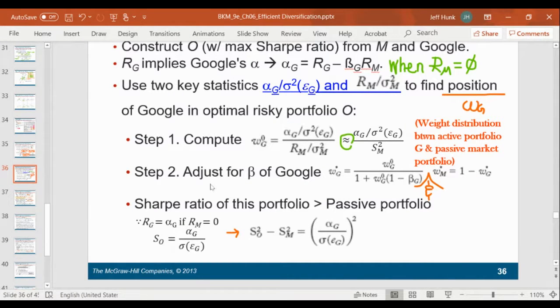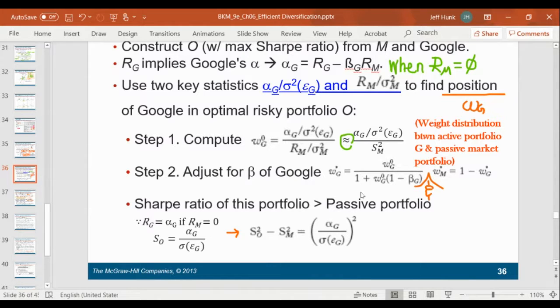So that's why the next thing is to adjust this weight for Google's beta. Here, this notation, that asterisk, means the adjusted weight of Google, and that adjusted weight of Google is basically Google's weight out of the entire weight, which is one.